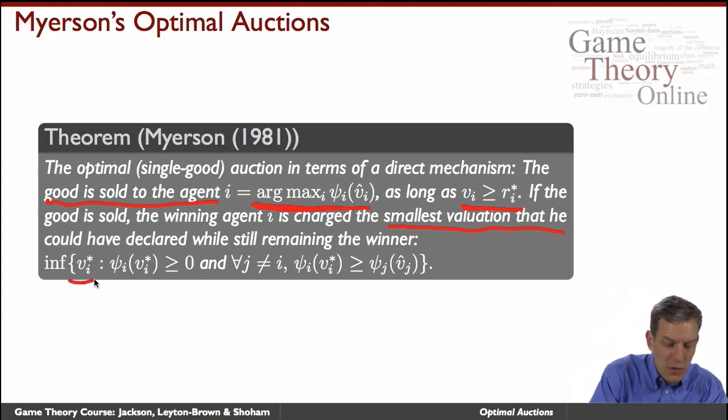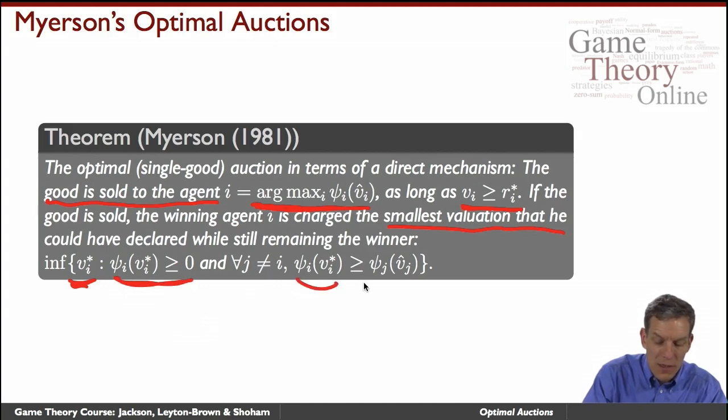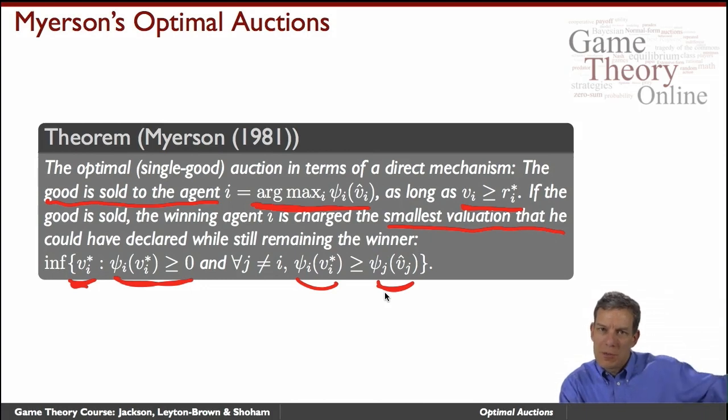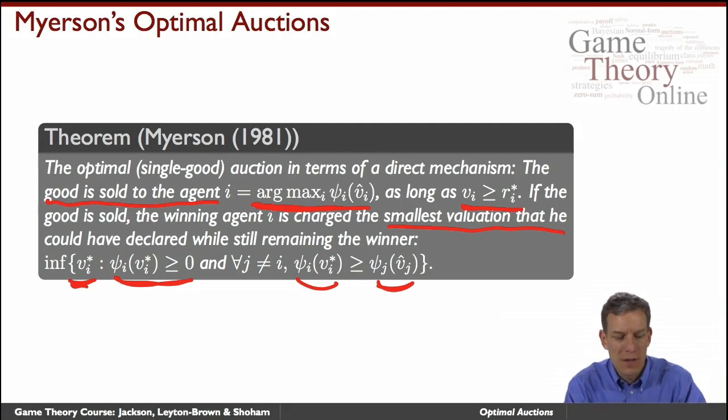So we look at the smallest valuation that has them still being above their reserve price and still being the winner, and think of that as the benchmark equivalent of either the second highest price or the reserve price. That's going to be the value that they have to pay, okay?